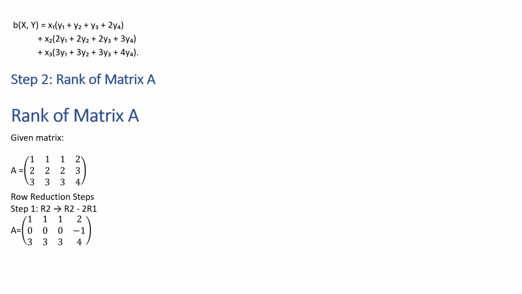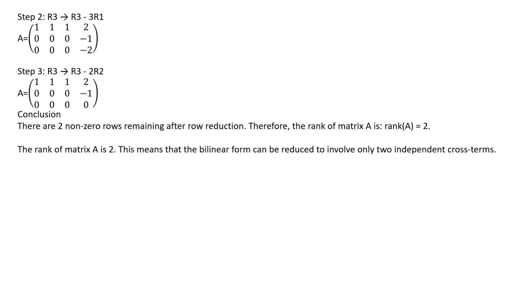In order to make row 2 zero, you multiply your row 1 by 2 and subtract. So you will have 0 there. Then for your row 3, you want to make it 0 also. The new row 3 will be the whole row 3 minus 3 multiplied by row 1, to make that row 3 zero.